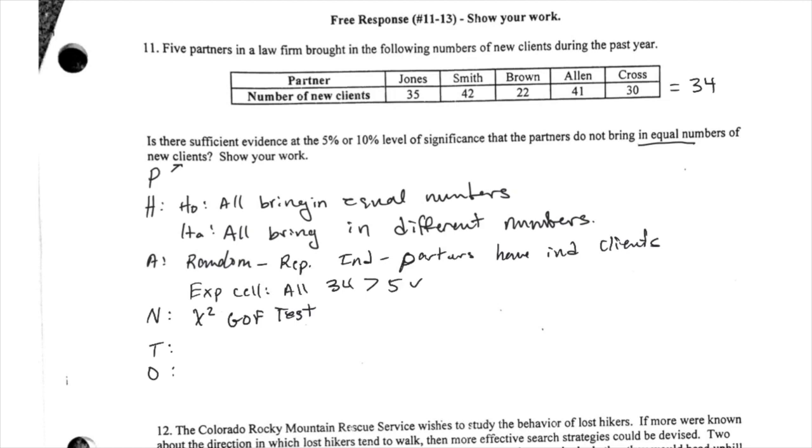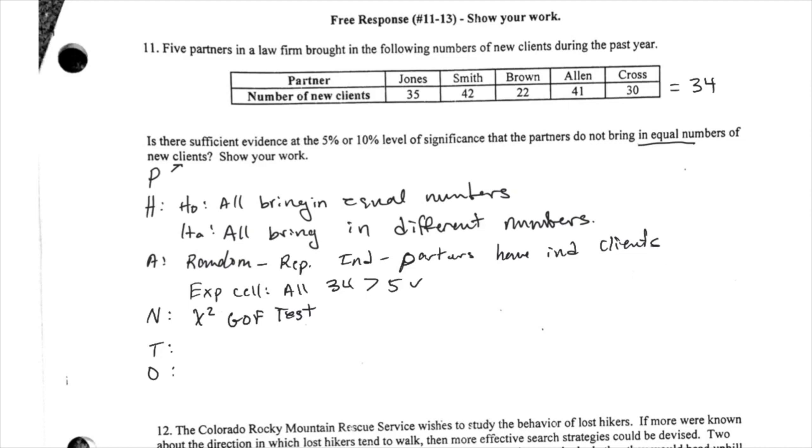So let's get our test values. Let's go into my lists now. I'm going to enter all these numbers into my lists, and then we're going to do 34, 34, 34, 34, and 34. Go over to my test now. I'm going to pull up the GOF test. In this case, I have 1, 2, 3, 4, 5, so 5 minus 1 is a degree of freedom of 4.